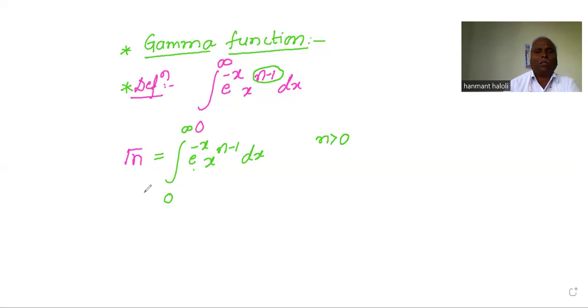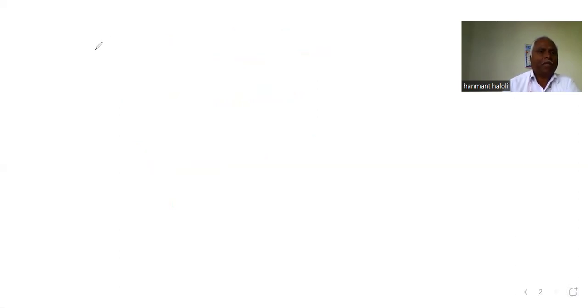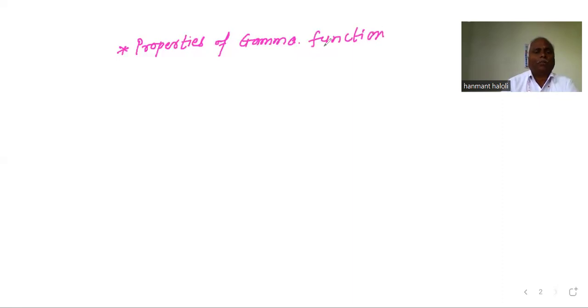Now, there are some important properties of the gamma function. These are the simplest important properties, and when we are solving integral equations to calculate area, volume, center of mass, moment of inertia, center of gravity, and many other concepts, you require such types of integrals.